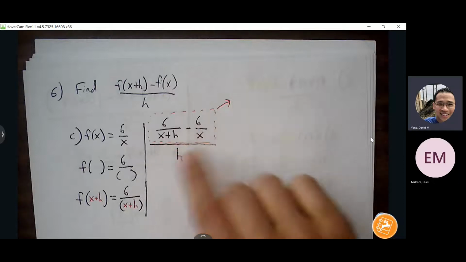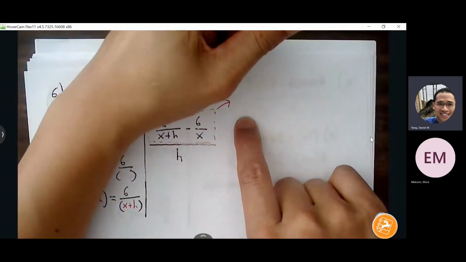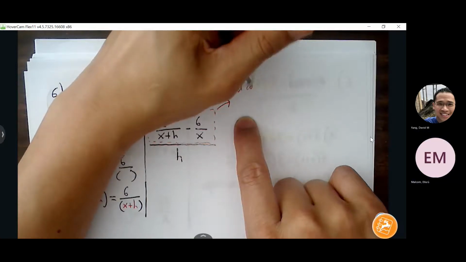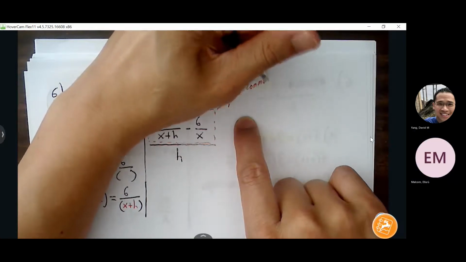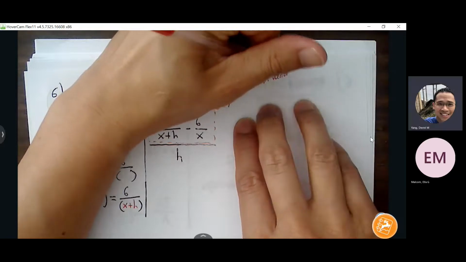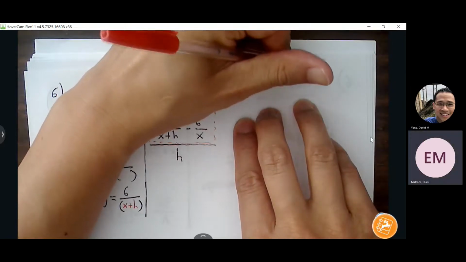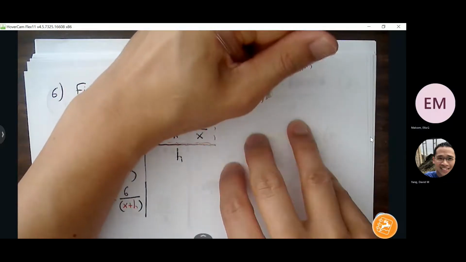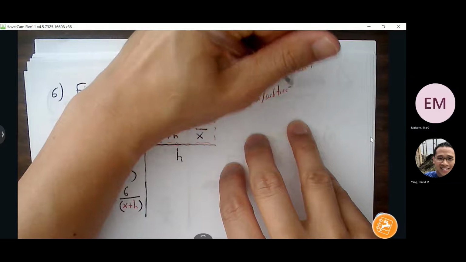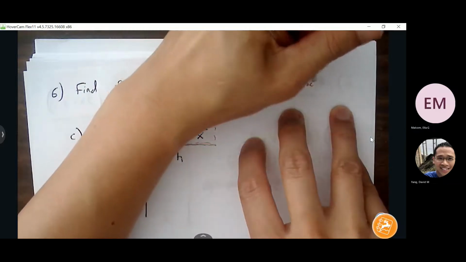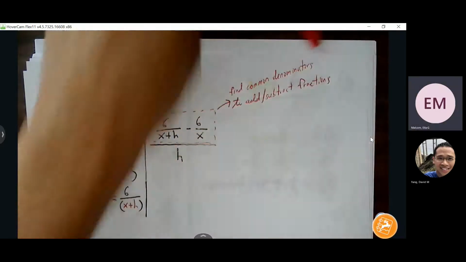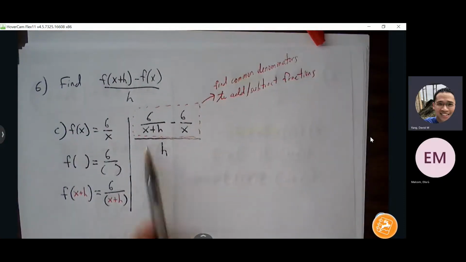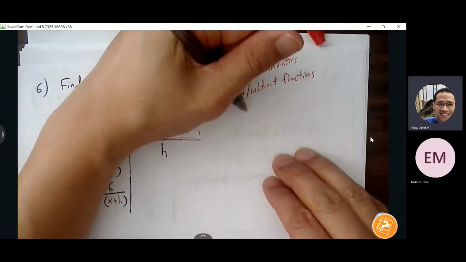But if I want to add or subtract fractions, I need to find common denominators. So we're going to step to the side and work on this problem here.